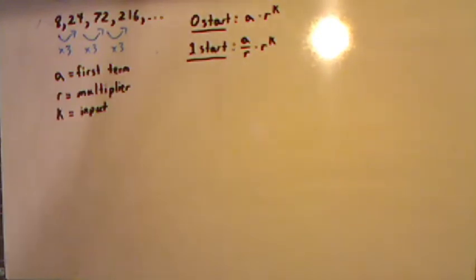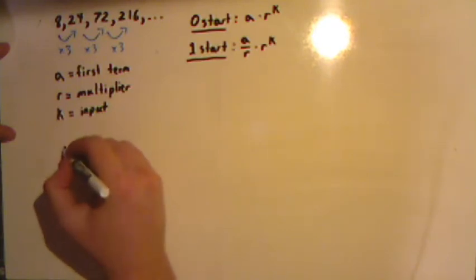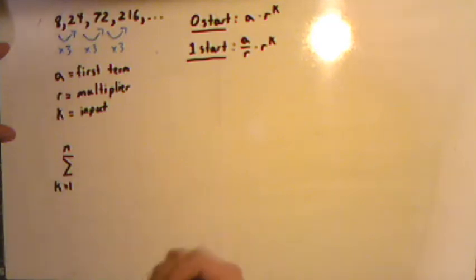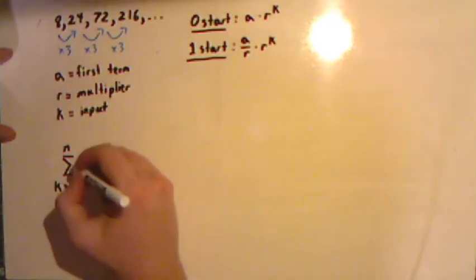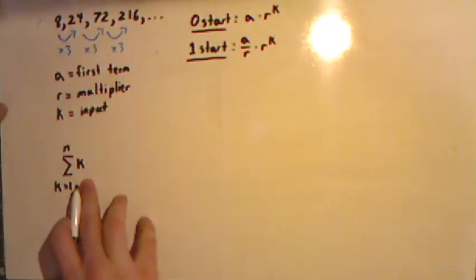Now, as we're working towards sigma notation, if we remember our arithmetic series, our very, very base sigma notation for arithmetic series is we take sigma, we have some maximum value, and we have k starting at 1. And it was very important that k is starting at 1 because our base sigma notation is just k.